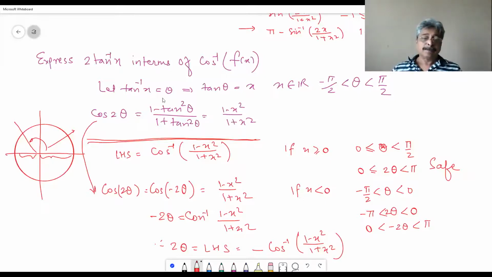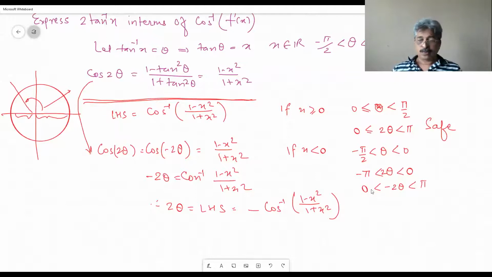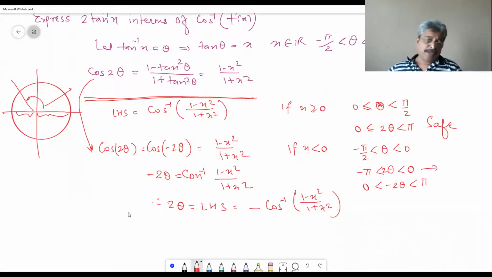So why can't we add pi to 2 theta? In the second last inequality that you have written, here? No sir, below. If x is less than 0, in that case. Here, no? Yes sir. Okay. So if you want to add pi, first of all, what is trigonometry saying? Is cos of 2 theta equal to cos of pi plus 2 theta?